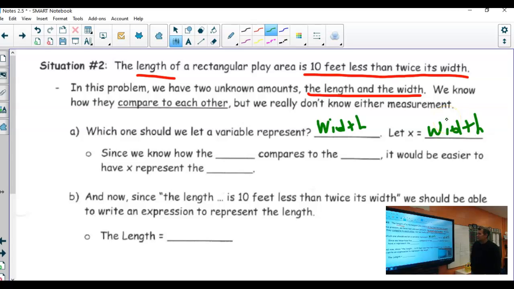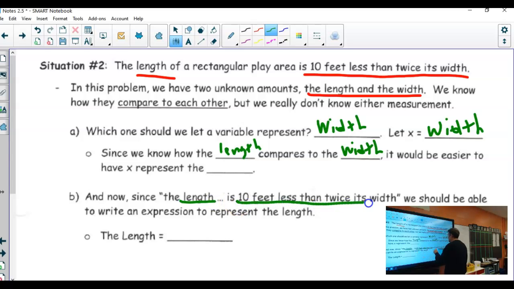The reason I chose the width is because I know how the length compares to the width, not the other way around. They told me how the length compares. They said the length is bigger than the width, or smaller than the width, whatever.